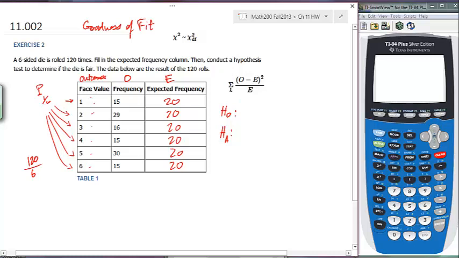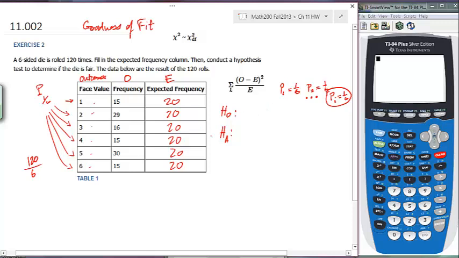The outcomes here are based on the probabilities. So we can say that the probability of rolling a 1 is 1/6, and the probability of rolling a 2 is also 1/6. We can go on and say the probability of rolling each of these is equal to 1/6. This is our null hypothesis stated in mathematical form.